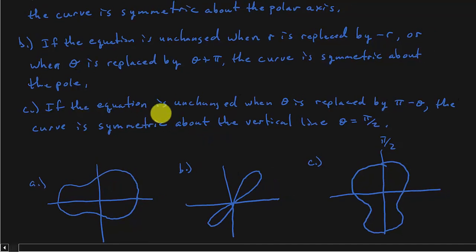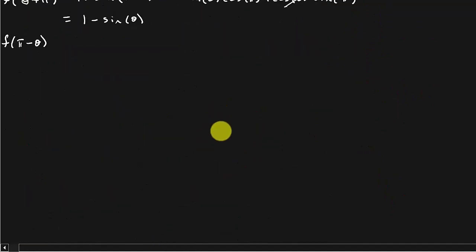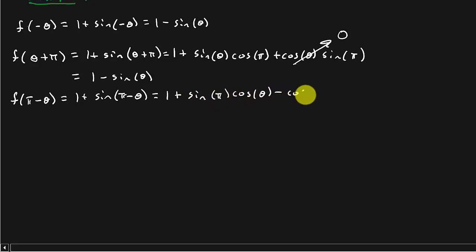So it says if the equation is unchanged when theta is replaced by pi minus theta, the curve is symmetric about the vertical line pi over 2. All right, so let's see if we have that. So this is going to be 1 plus the sine of pi minus theta. And so that's going to be 1 plus, and then we're going to expand it out again. That's going to be sine of pi cosine theta minus cosine pi times sine theta.